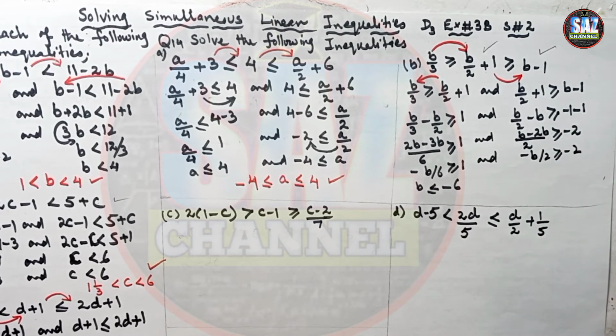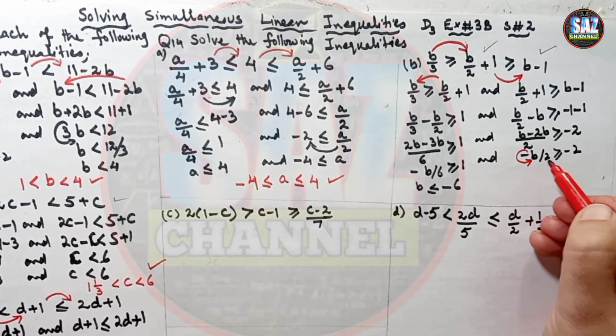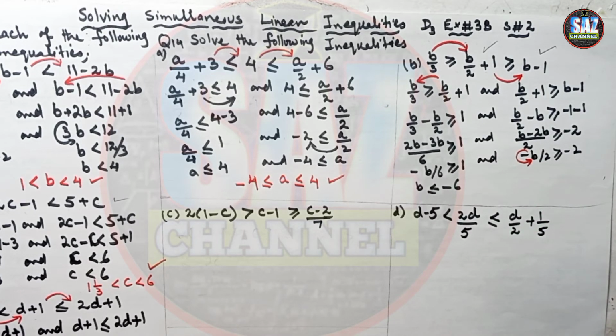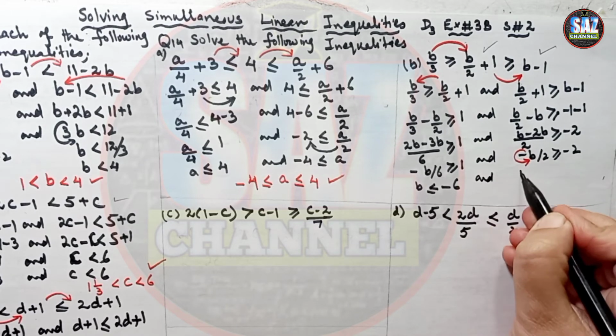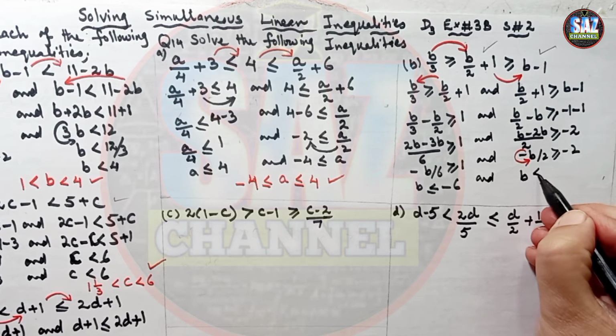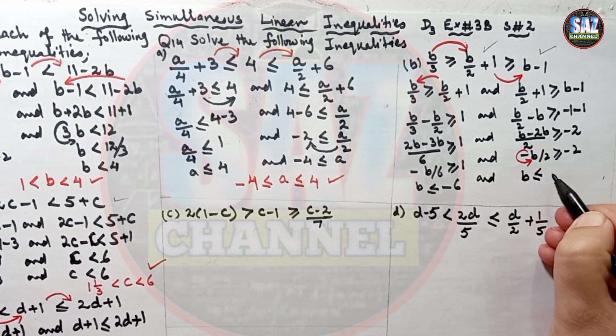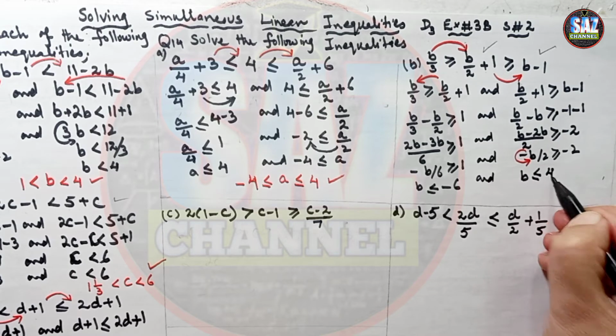Again I have to shift this minus b by 2 to the other side. I have to make the inequality positive, so the minus sign will be going with the other side, and I have to reverse the direction of the inequality as well. B is less than or equal to 4.